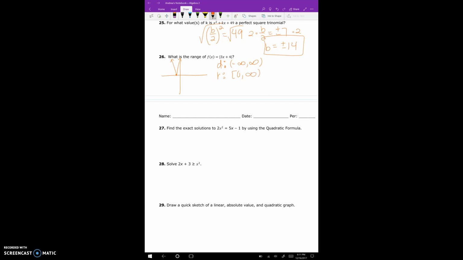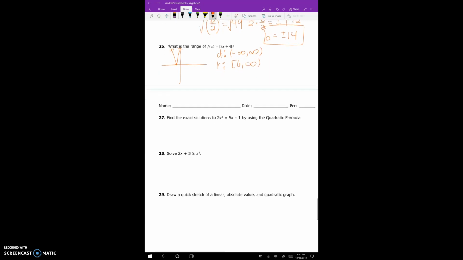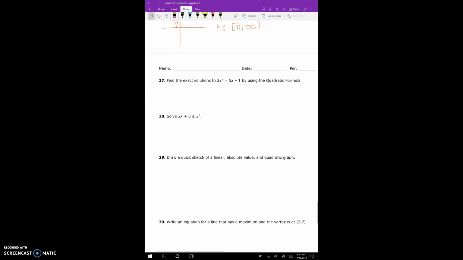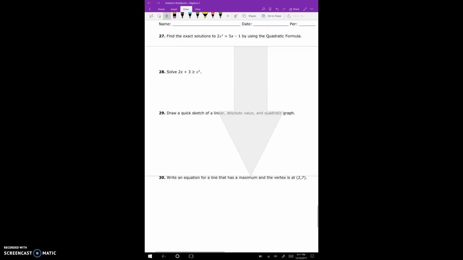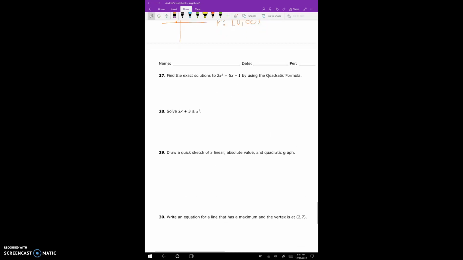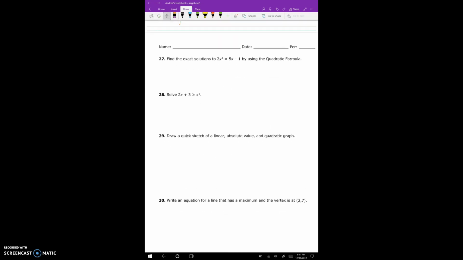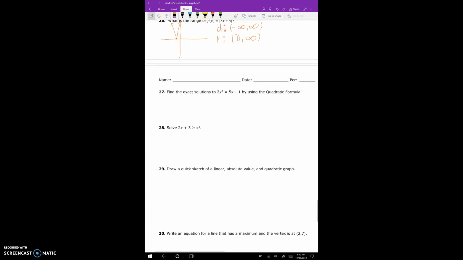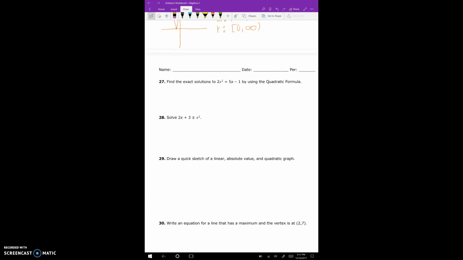Find the exact solutions by using the quadratic formula. One thing you want to do when using the quadratic formula is notice what a, b, and c are, and sometimes that's difficult to do if you're not realizing that one side has to equal 0.